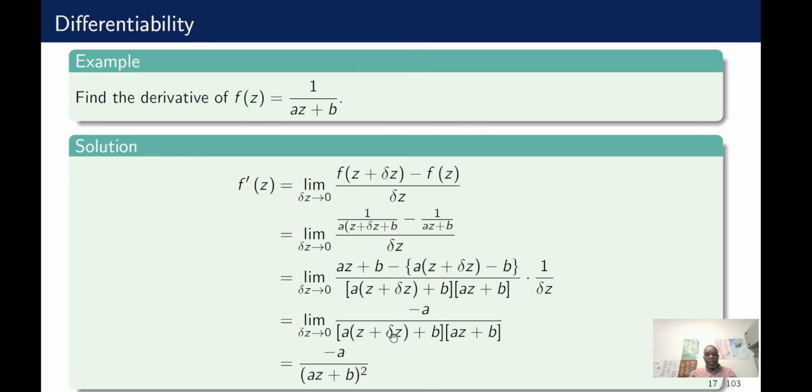So what you have here and here are going to be the same. So the denominator will be this squared because there will be no delta z here. So it is equal to minus a over az plus b squared. So that is the derivative of this simple function here. It's a simple calculation, and it gives us that.